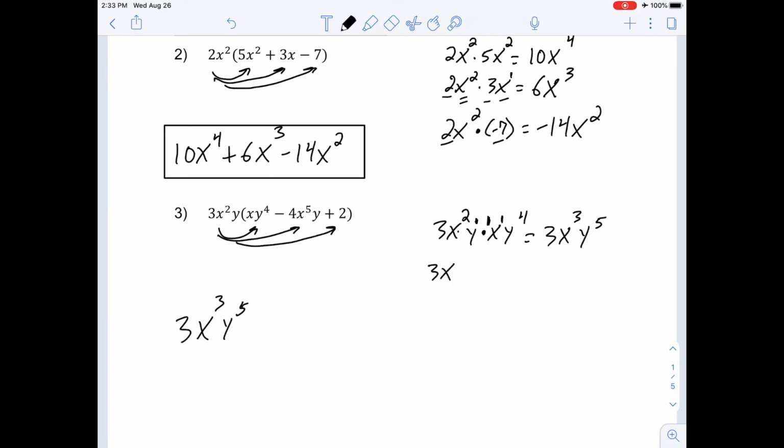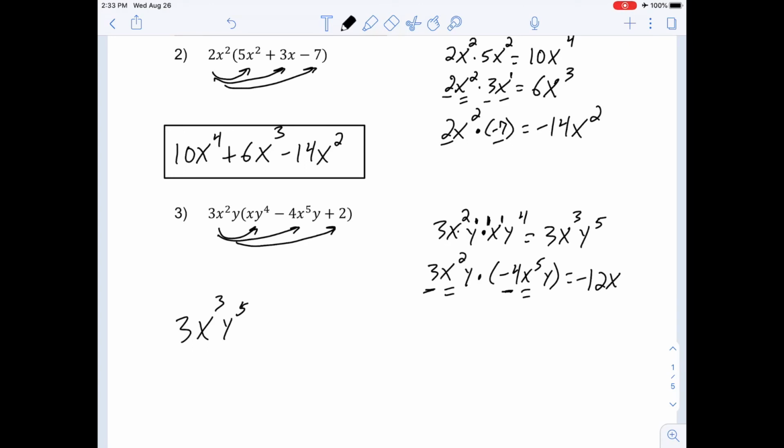Then I need to multiply 3x squared y times -4x to the 5th y. So multiply our numbers here. We've got 3 times -4, which is -12. Then we have x squared times x to the 5th.